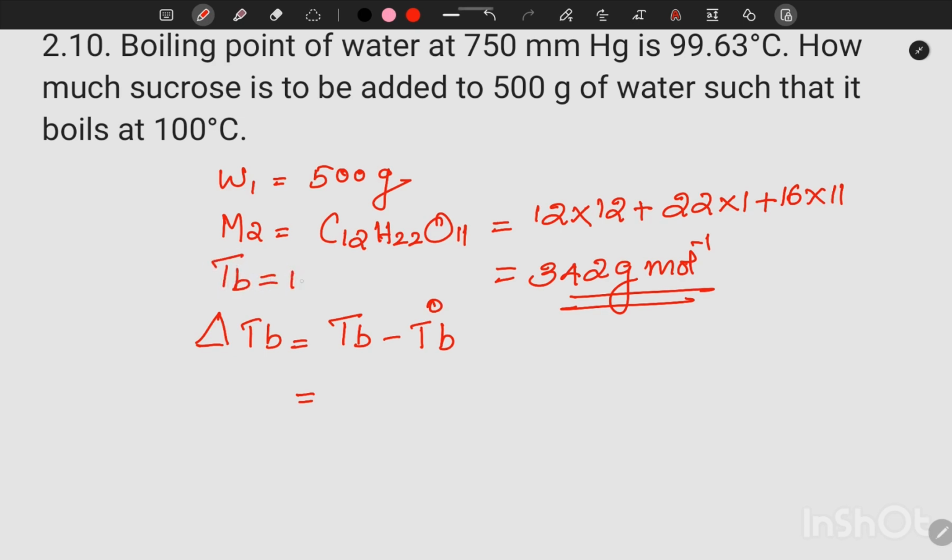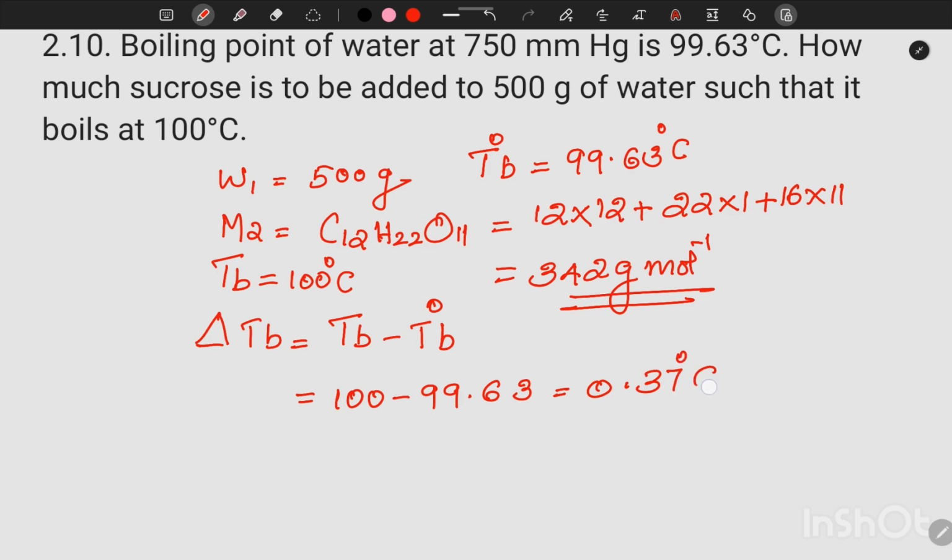TB is equal to 100 degrees Celsius and T0B is equal to 99.63, because elevation of boiling point. So TB minus T0B, 100 minus 99.63 degrees Celsius. So we will get 0.37 degree Celsius. So this is difference. Because of that we can write it as 0.37 degrees Celsius equal to 0.37 Kelvin.